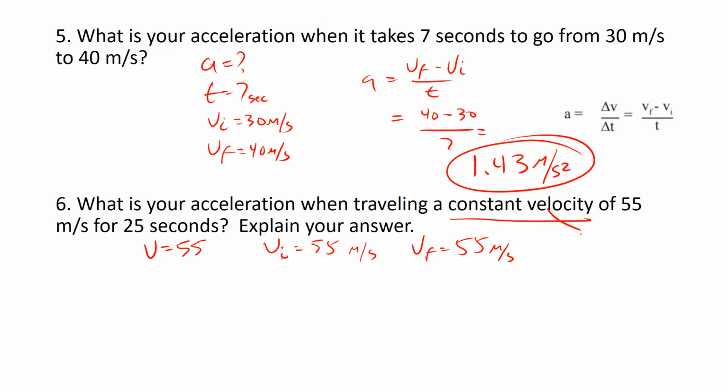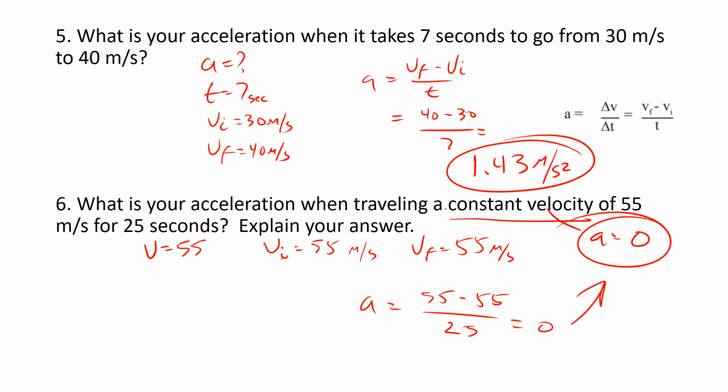And constant velocity means that acceleration equals 0. You don't have to do any math, but if you did, A equals 55 minus 55 over 25, which equals 0. Either way, when you see constant velocity, that means no change in velocity, or zero acceleration.